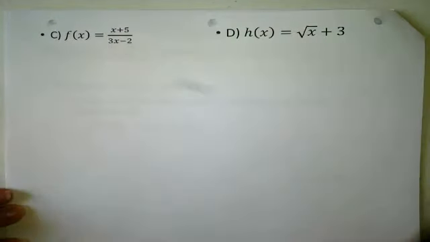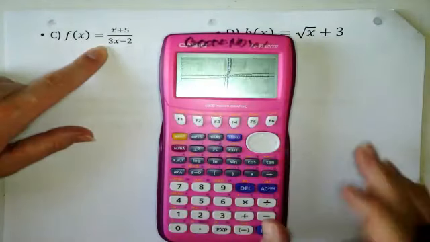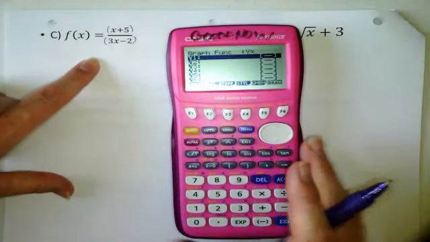Here we have some more complicated ones. I'm running out of time, so I'm going to try and do this quickly. This is a rational fractional function, and they look kind of funky, but we can still do them. If you're going to graph these in your calculator, you want to make sure you put parentheses around the numerator and denominator.